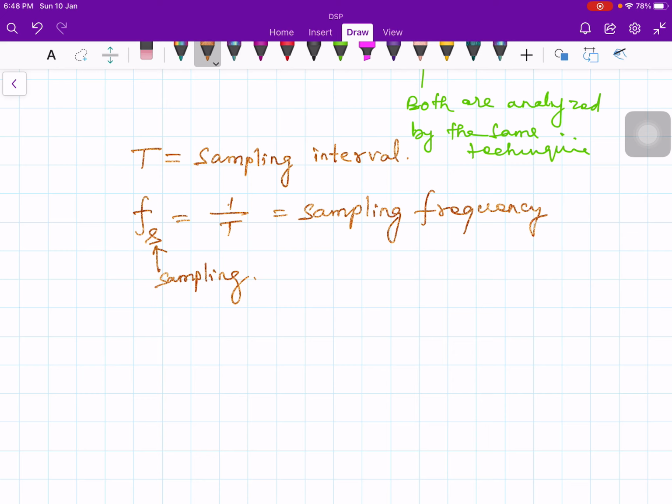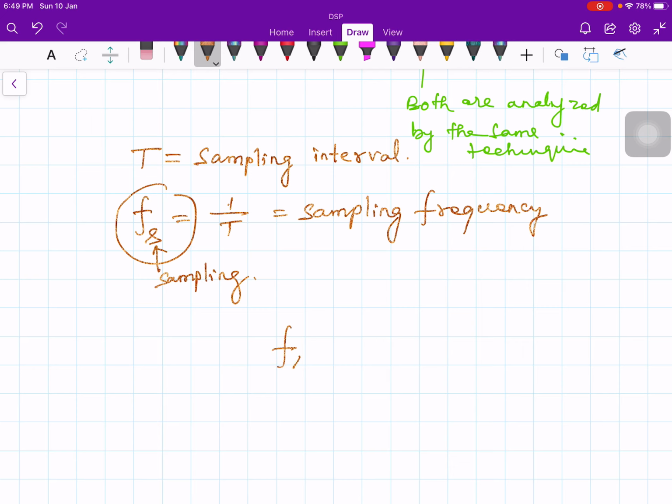The sampling frequency must be twice the highest frequency component present in the signal. That we will discuss a little later.